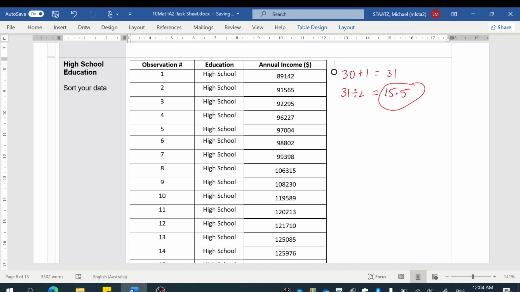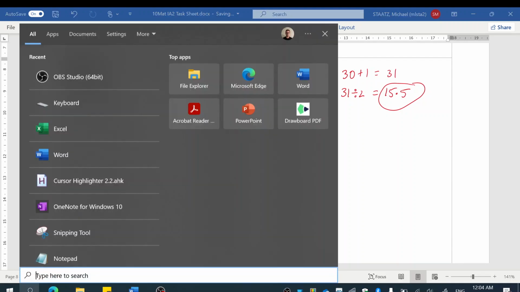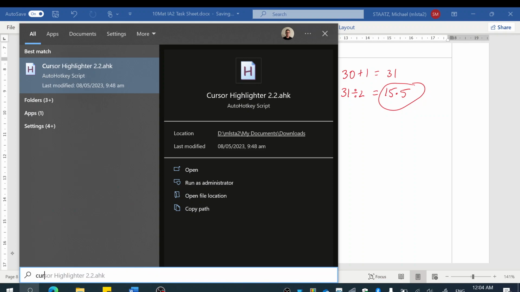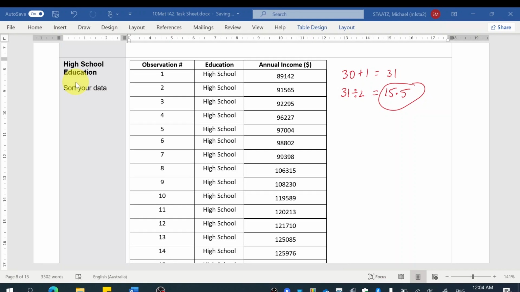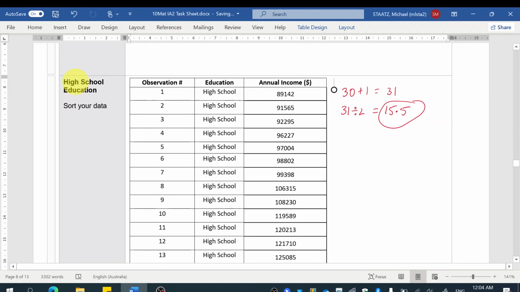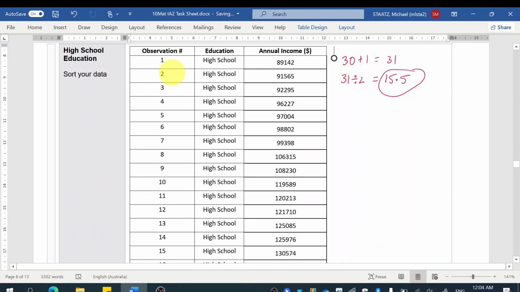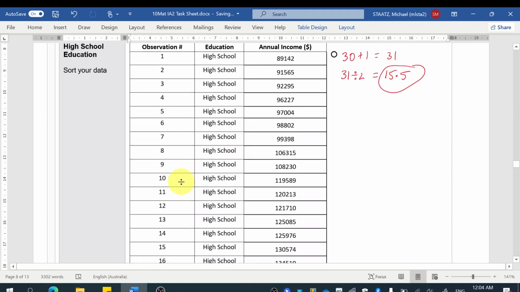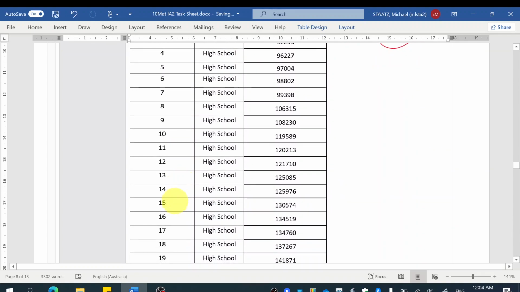So if I look down my observations, and let's turn on my cursor highlighter so you can see what I'm doing, you can see now I'm looking for observation number 15.5. So if I come down to observation 15, 15.5 is going to be halfway between observations 15 and 16.